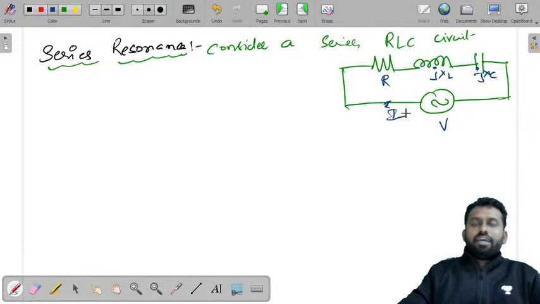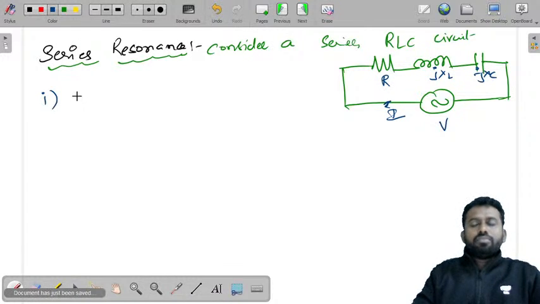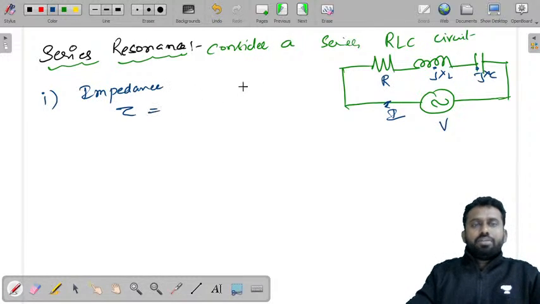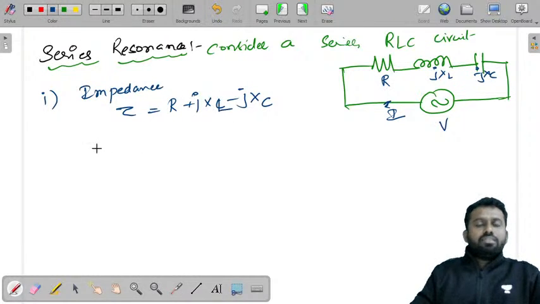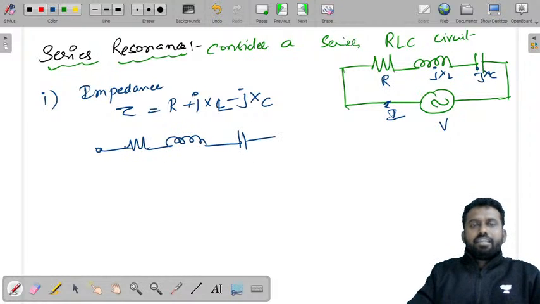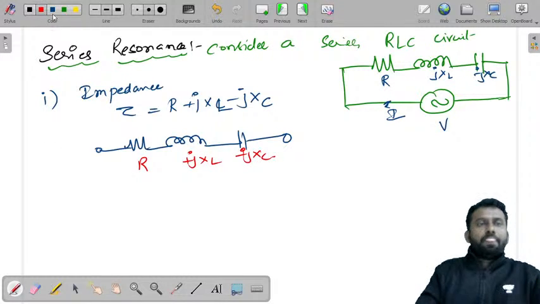This is I. Now let us first write what is the impedance of this circuit. Impedance Z is equal to R plus jXL minus jXC, because resistor, inductor and capacitor are all in series.